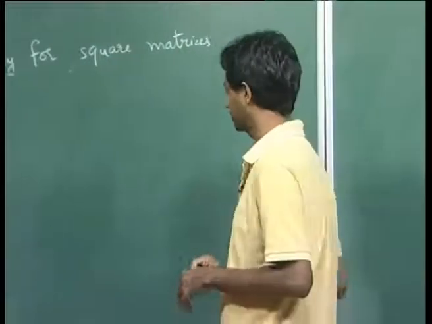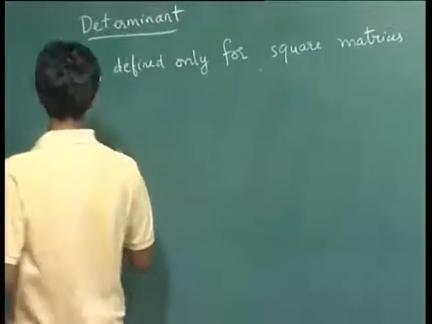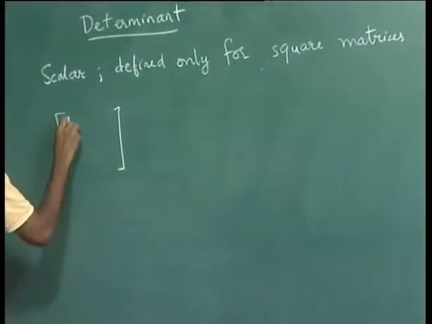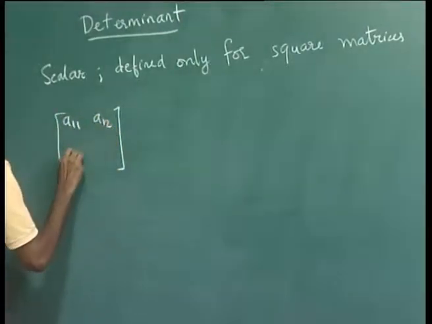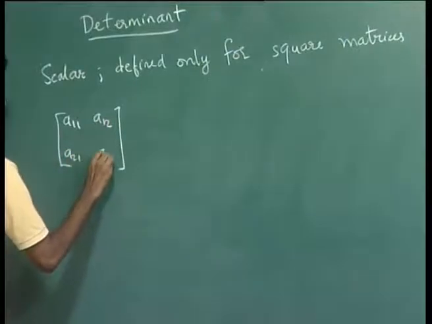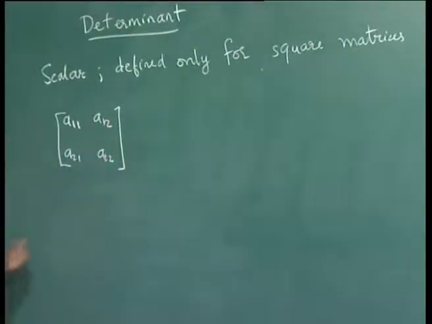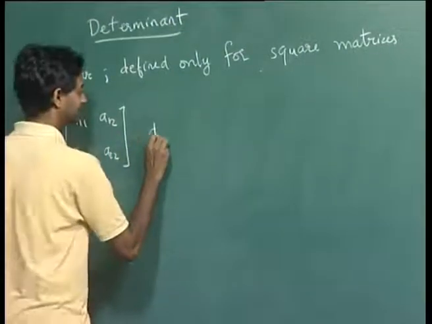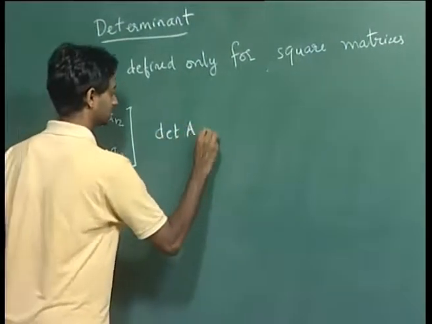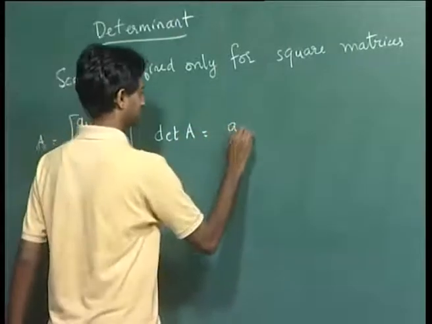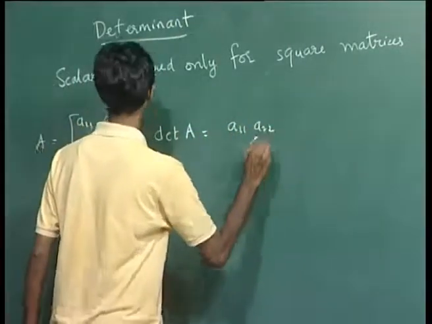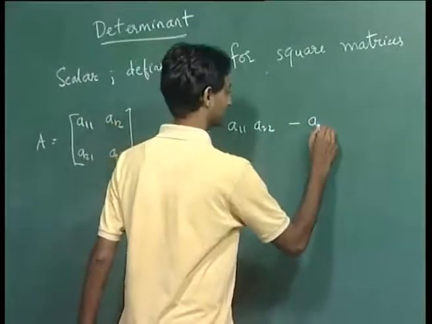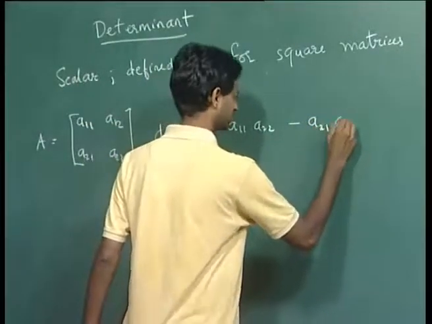Now, if A is a 2 by 2 matrix, then determinant A is just A11 A22 minus A21 A12.